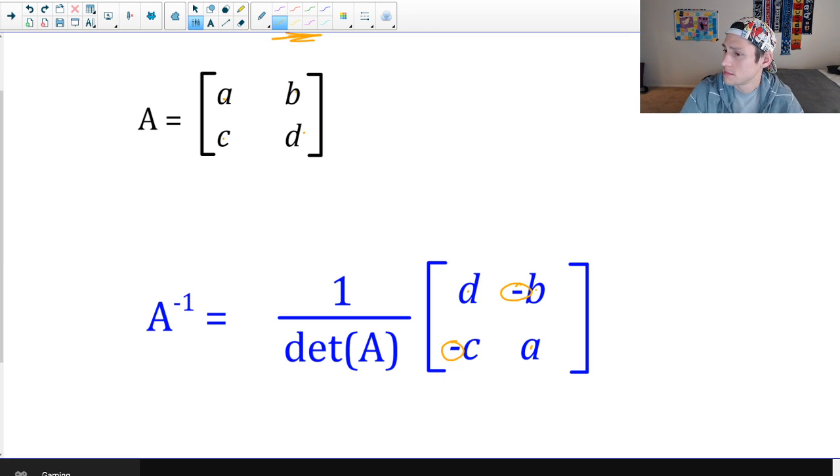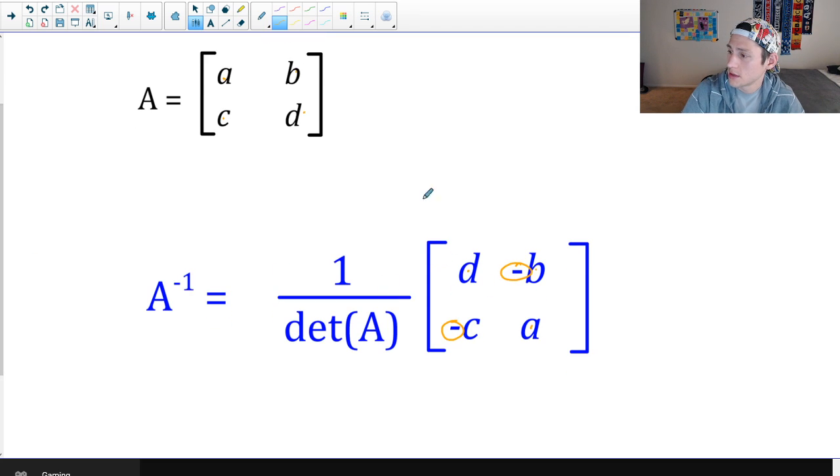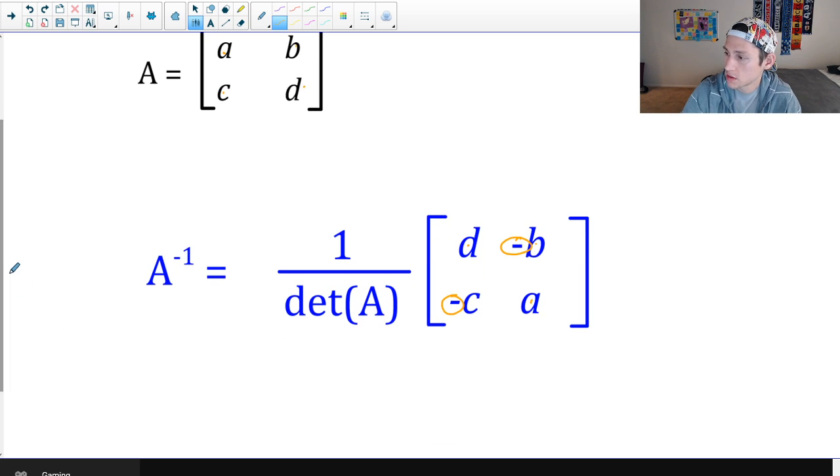So A and D switch places, but don't have anything to do with a negative, positive, changing, whatever. A and D just switch. B and C stay where they are, but we introduce a negative sign for each of those entries. And then in front we have our 1 over the determinant of A. All right, so actually pretty nice.